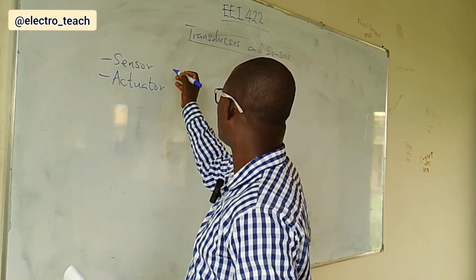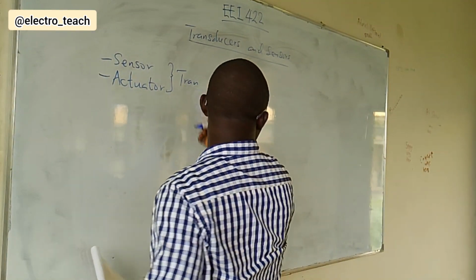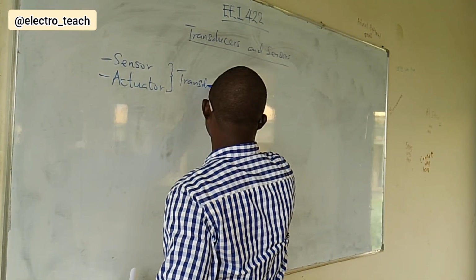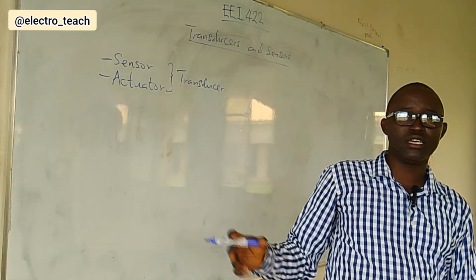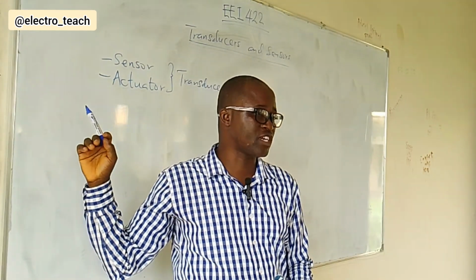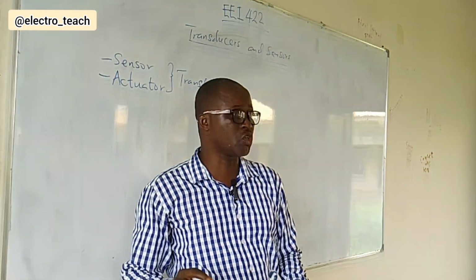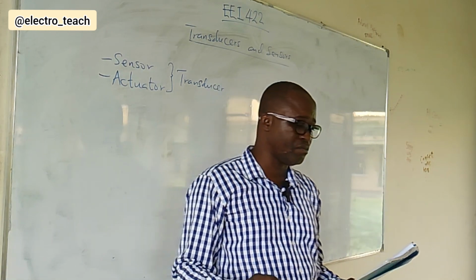We are saying the two of them, we can actually refer to them or use them interchangeably with the term transducer. The concept of transducer is very important in engineering, especially at industrial work environments.